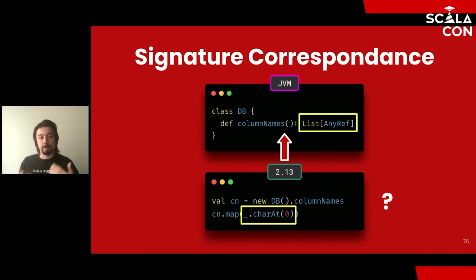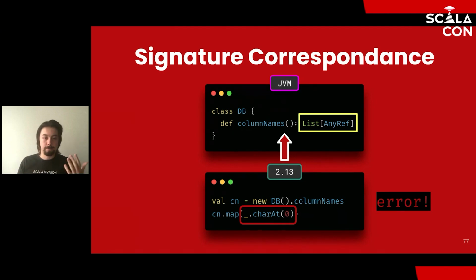If all the information we had was just the class file, then when we try to call charAt(0) on the elements of that list, we can't, because charAt is not a member of AnyRef. It's a member of String.